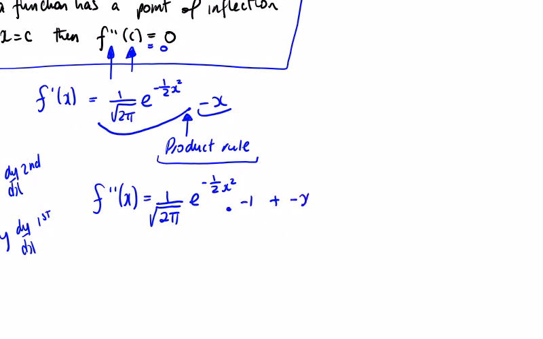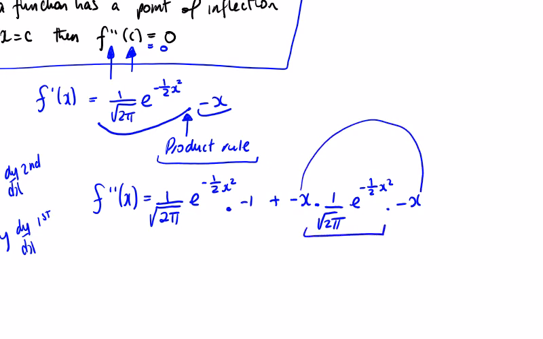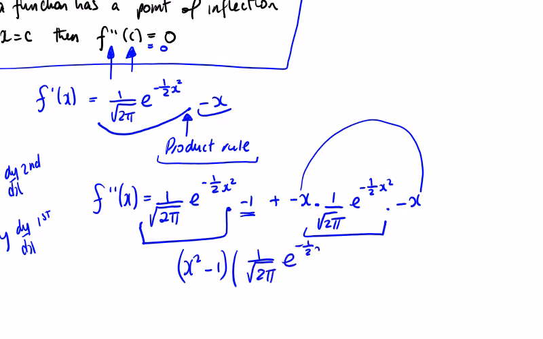The second is minus x, and the differentiated first is going to give me the same thing again, isn't it? 1 over the square root of 2 pi times e to the power of minus a half x squared by minus x. So if we tidy this up, these two are going to give me an x squared. So we have x squared multiplied by this whole function, and we also have minus 1 multiplied by this whole function. So that's going to give me x squared minus 1 multiplied by the function itself, 1 over the square root of 2 pi by e to the power of minus a half x squared.